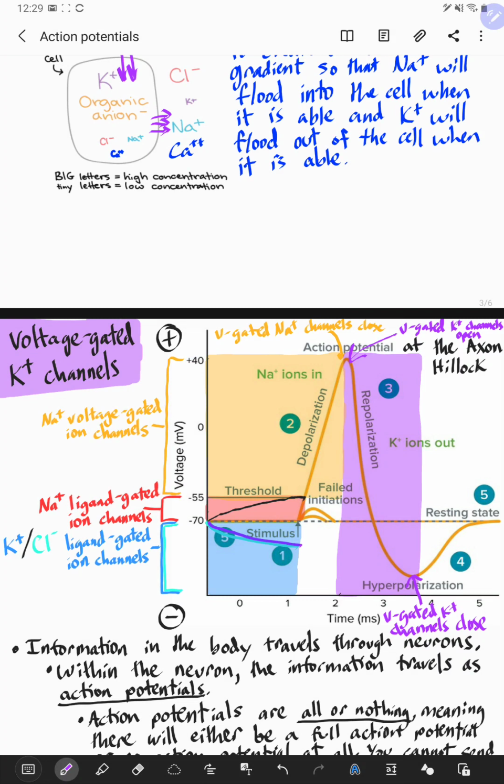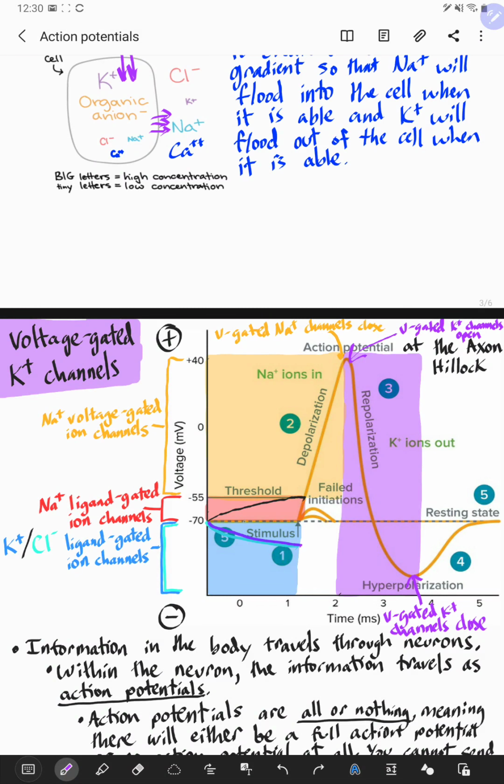All right, and then let's pay attention to this threshold value. Did we become closer to threshold or further away from threshold? Well, threshold is at negative 55, and we were at negative 70. The loss of these positively charged ions caused us to become more negative, not less negative.